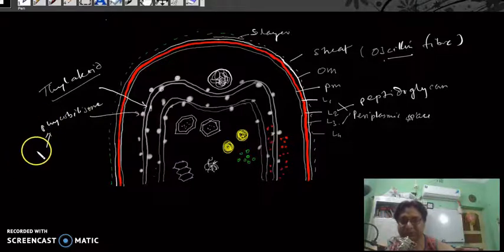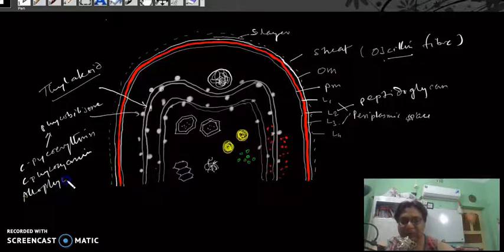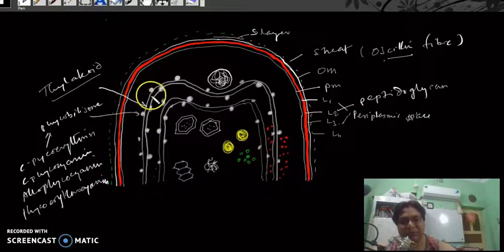The pigments that they contain, the phycobiliproteins, are C-phycoerythrin, C-phycocyanin, L-phycocyanin, and phycoerythrocyanin. These many pigments are present here.